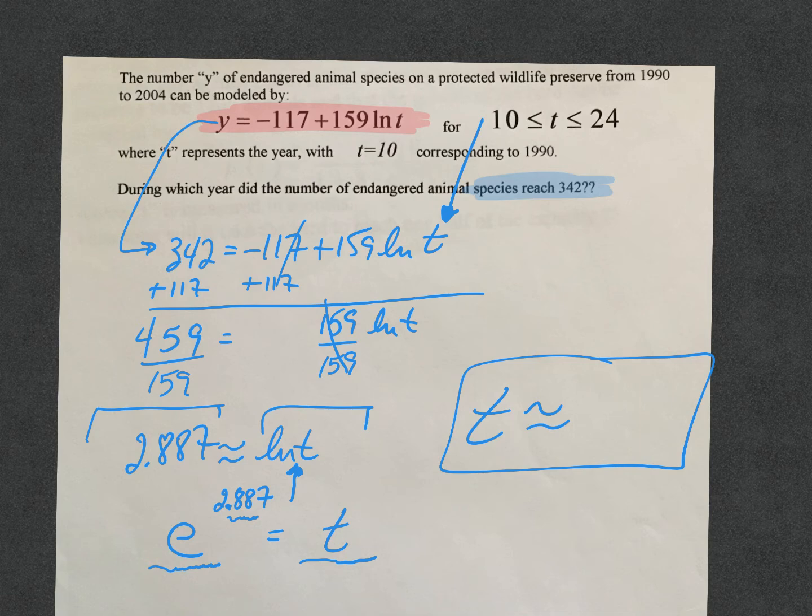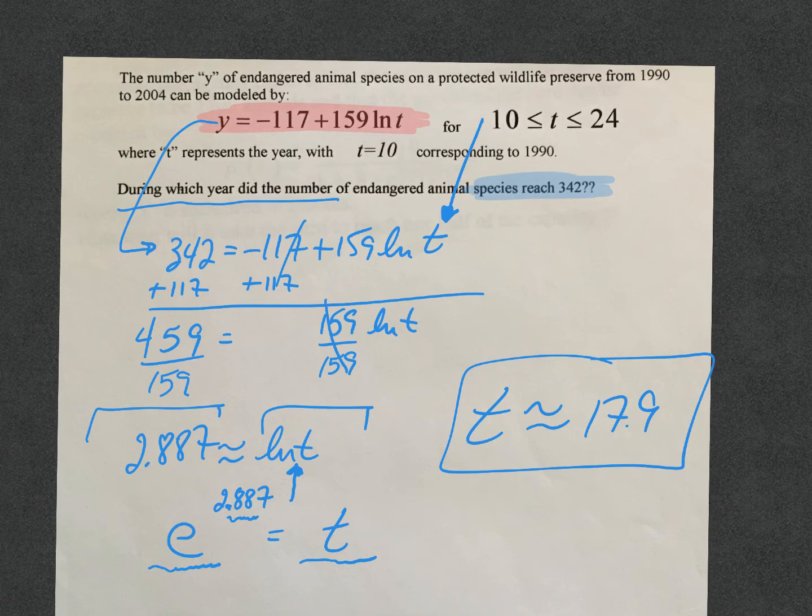Now to get an approximation for the number of years, we could just raise e to that power. I'm just using my calculator to get that approximately. So about 17.9 is the value for t. And in our case, the question was during which year did that occur?